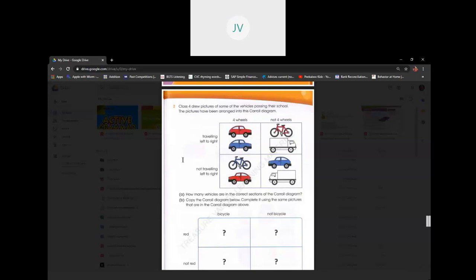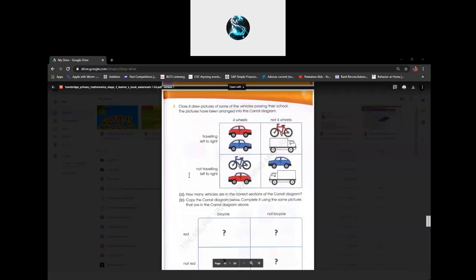I would say maybe 6. Okay, so I would say 1, because it says how many vehicles are in the correct section. This one, not 4 wheels, is not in the correct section, because this truck has 4 wheels.